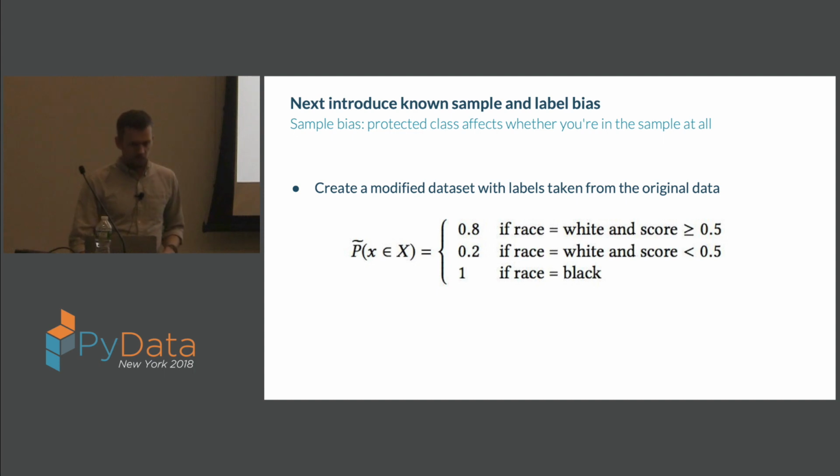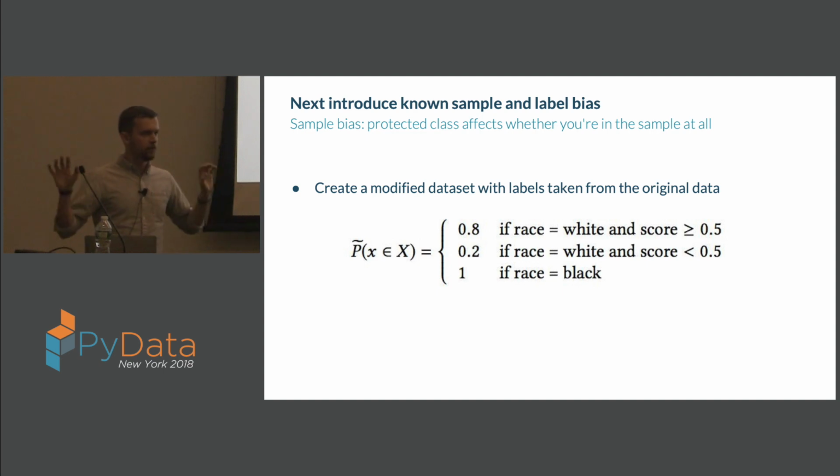Next, we're going to introduce known amounts of these different types of bias. So remember, subtlety number 2 was your data is not the truth. It's a biased representation of the truth. And there are lots of ways it can be biased, but in this case, we're talking about two different ways. One of these is sample bias.